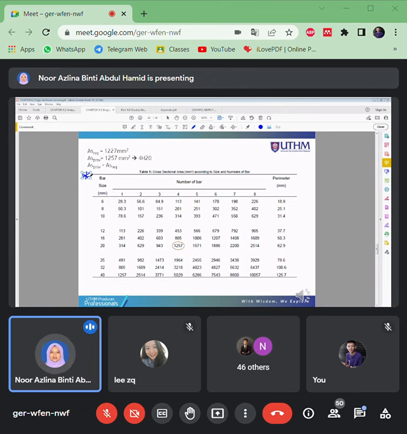I don't remember where they are placed in the code of practice, in the Eurocode or in the BS standards. So there will be these tables, or you can simply refer to the appendix that I already uploaded in the Telegram group, which is these tables that you can use to simply identify the area, the number of reinforcement bars required according to the area that you calculated.